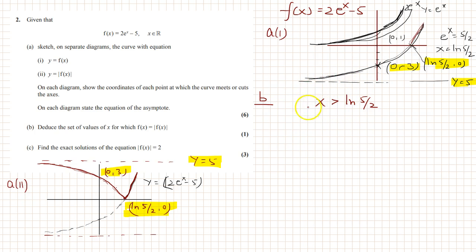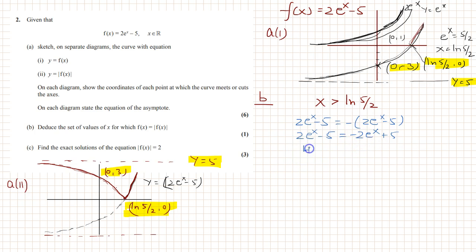So if you want, you can prove it also. That is, f(x) is 2e^x minus 5 is equal to mod f(x), that is negative (2e^x minus 5). So 2e^x minus 5 is equal to minus 2e^x plus 5.